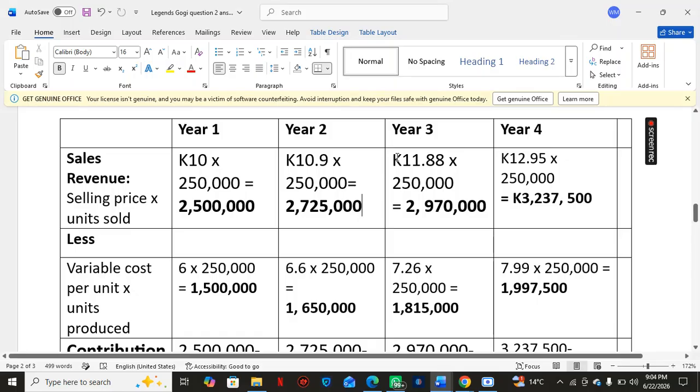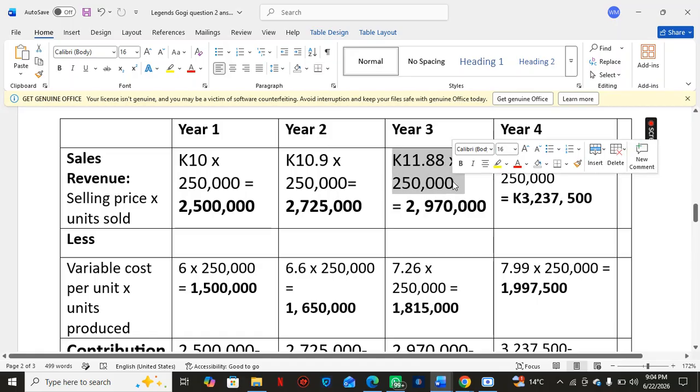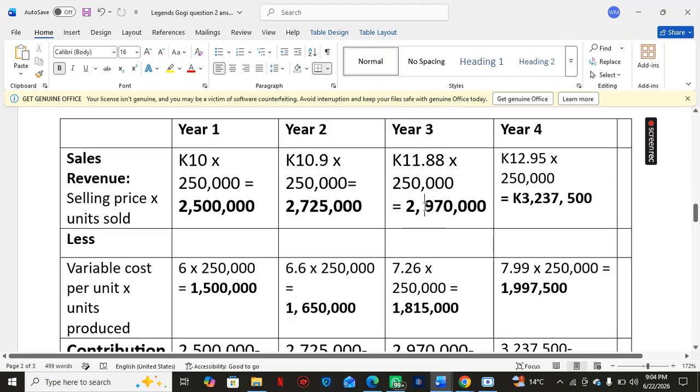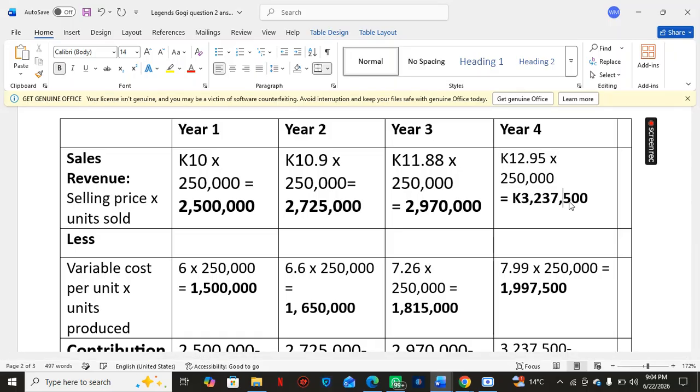Year three, selling price 11.88 multiplied by units sold 250,000, you get 2,970,000. Year four, 12.95 multiplied by 250,000, you're going to get 3,237,500. Any questions on sales revenue?